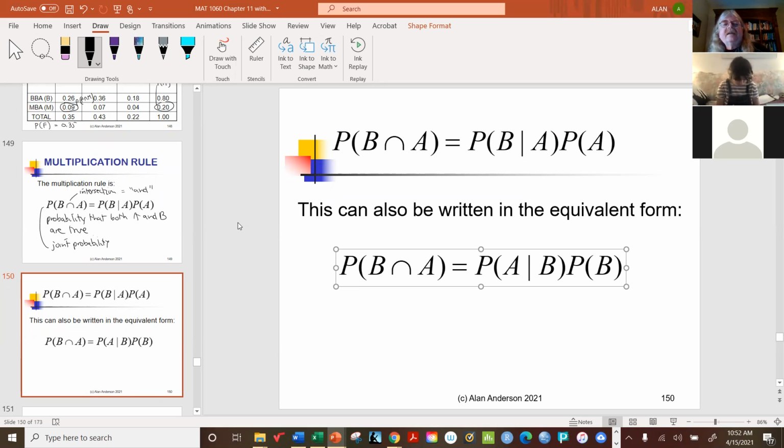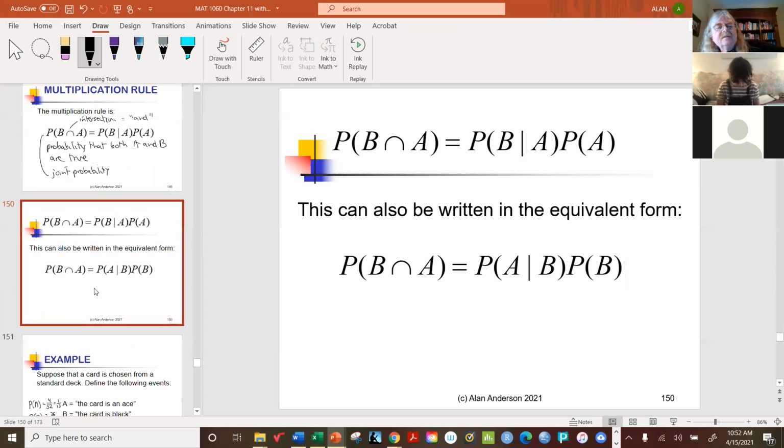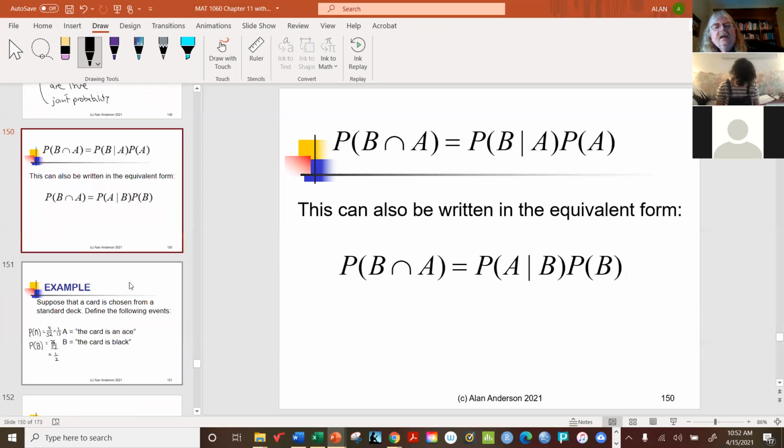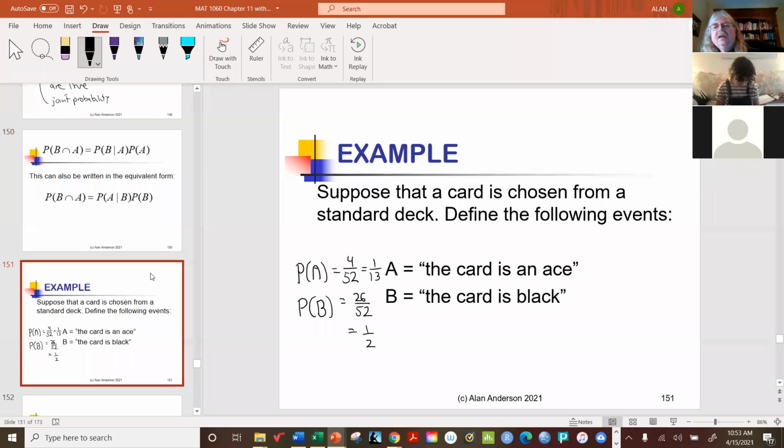So now all that remains to be done is to do some examples, and we'll get ourselves some serious practice here. All right, imagine the following situation. I'm choosing a card from a deck. The events that I defined are A, the card is an ace, and B, the card is black.